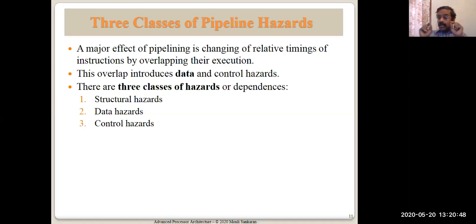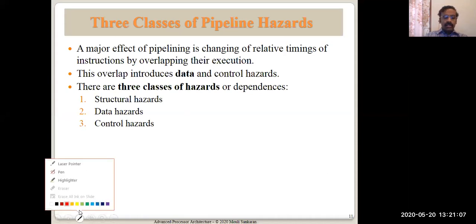Such things are not allowed. The CPU cannot say, I will execute whatever junk you give me. But if it is a valid instruction with a dependency, it has to be handled. So there are different types of hazards, which can be caused because of the way instructions are arranged.